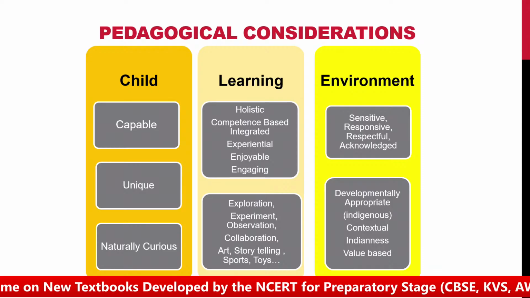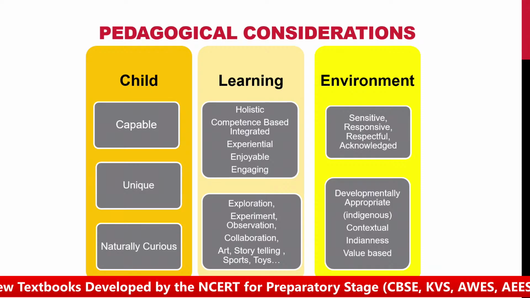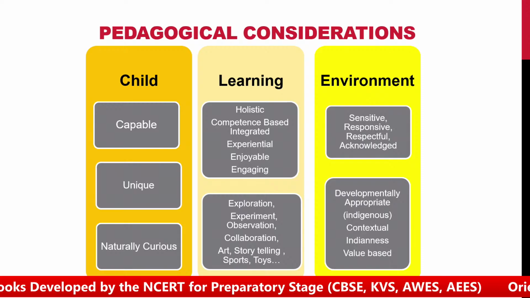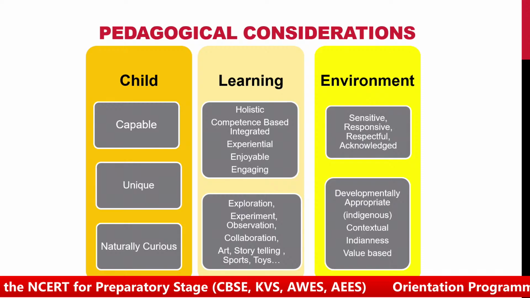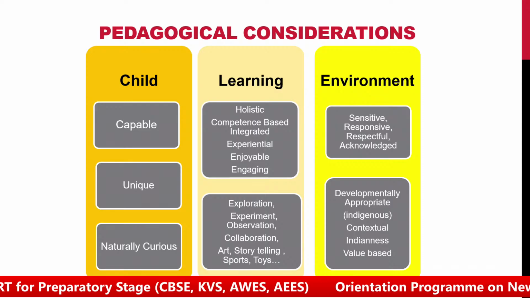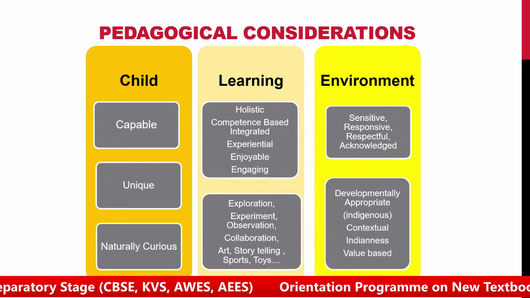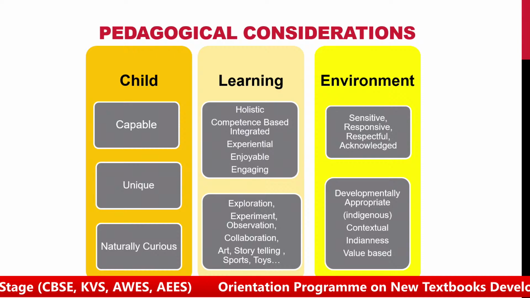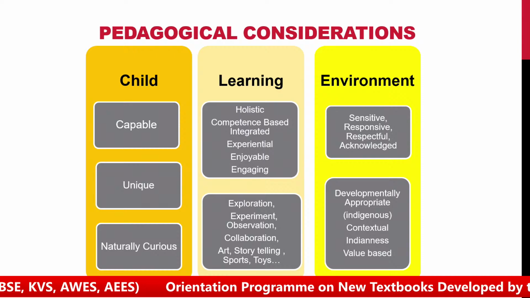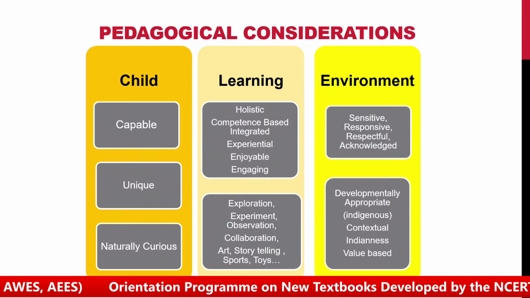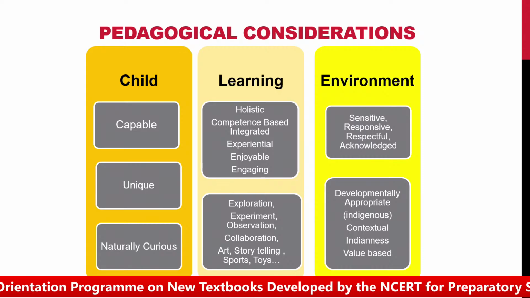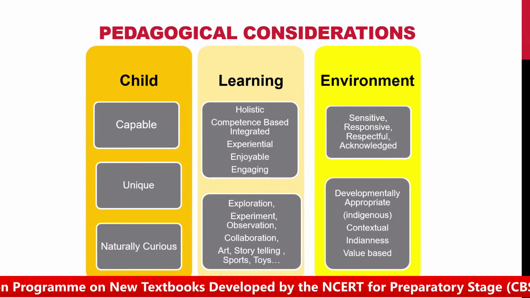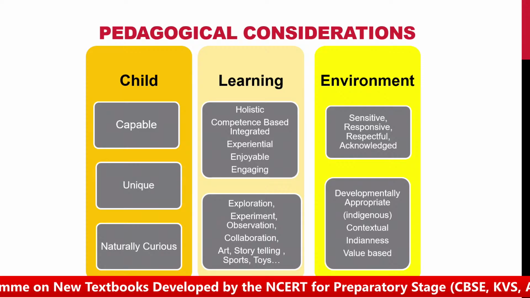One is about child, the second is about learning, and third is about the environment. When I say child, the child who is capable, and we believe the child is unique and naturally curious. When you say learning, the process is perceived as holistic, integrated, interdisciplinary, and engaging as well. And for that, the environment has to be developmentally appropriate, and it has to be responsive and respectful as well.